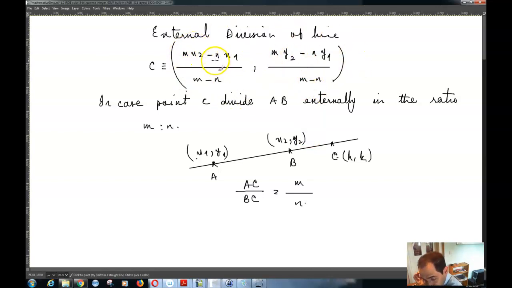Now, what is important here? What's important here is that it would be this exact situation.